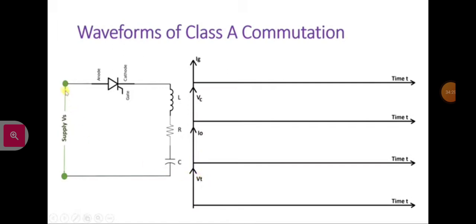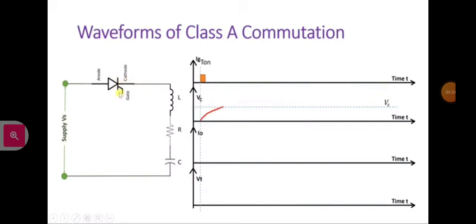Now initially this SCR is off, and to turn on this SCR we will give a gate pulse. Once you give the gate pulse, you can observe this SCR will get turned on, and as this SCR is getting turned on, you will observe the capacitor voltage get charged to Vs voltage.